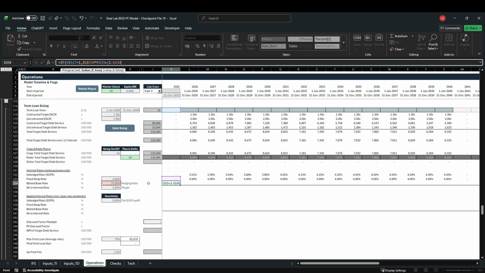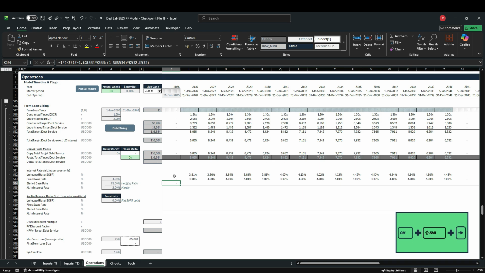So 1 minus 75% is 25%, hit F4 once, close parentheses, and this will multiply with our floating base rate or unhedged SOFR rate. So K532, comma, and if the flag is not on, which means we are outside of our debt tenor, then we just want to pick up our unhedged floating rate in K532. Close parentheses, hit enter. Let's drag this over, Control R.